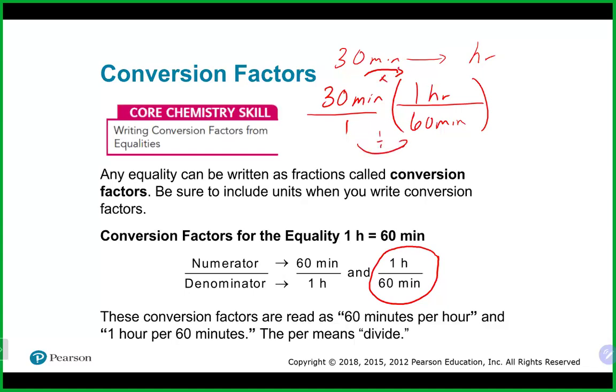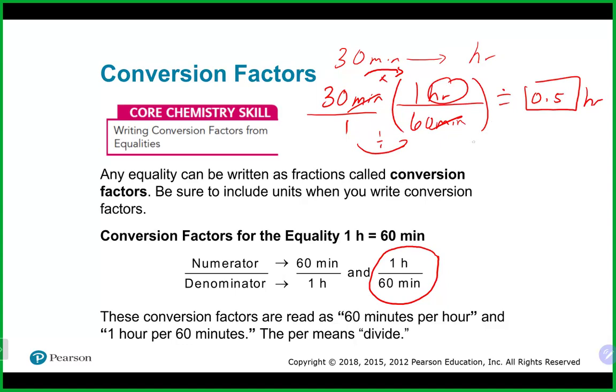So we're essentially taking 30 divided by 60, which on our calculator gives us 0.5. The minutes will cancel. That will leave us hours at this point. Now we want to think about significant figures.